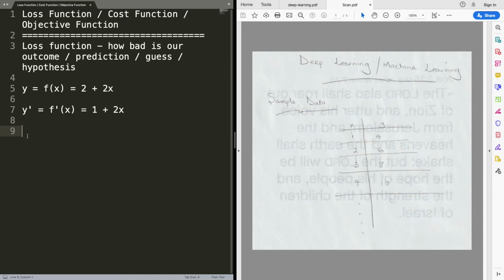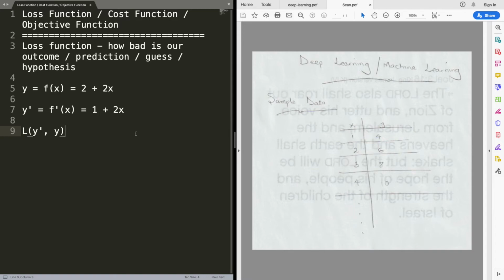Our loss function is a function L that takes in our y prime and our y, and tries to measure the difference between our y prime and our y. That is the basic thing. That is, how far are we from our goal?